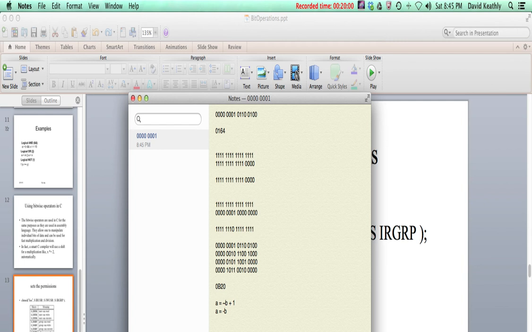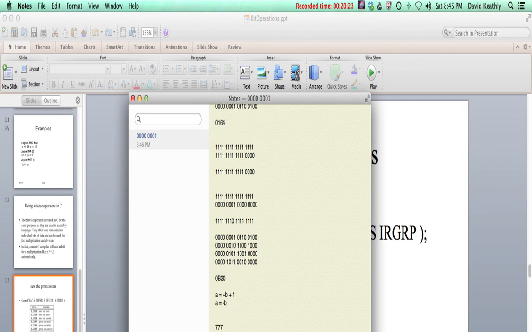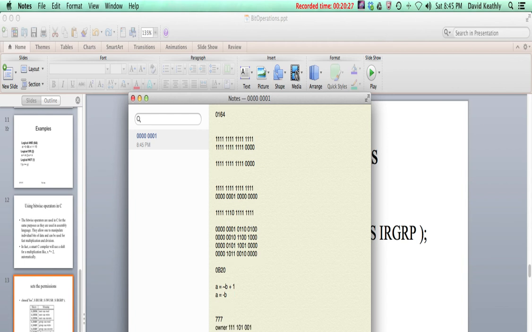And I could say group permission might be read and execute. So that'd be a 5. So I'm giving read and execute. And I might give the world only permission to execute, which would be a 1. So that would be a permission of 751. Okay?